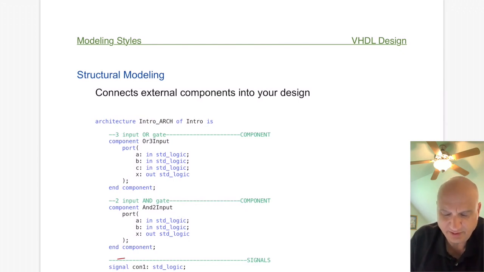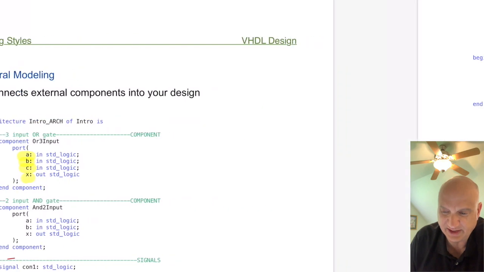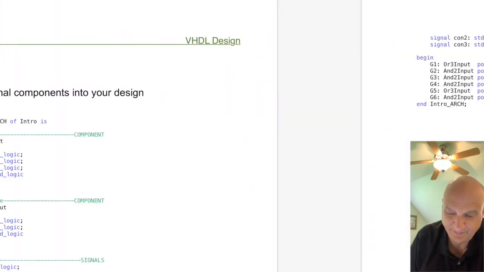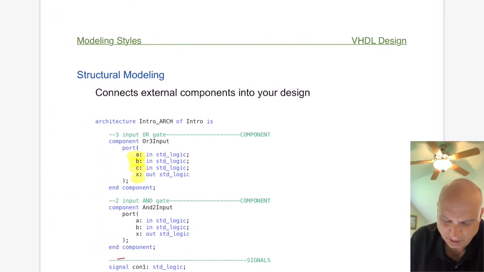We're declaring that we have an OR component with inputs A, B, and C and an output of X. These are all standard logic and they have the proper modes set, in and out. We need to instantiate that component, or create that component, as part of our design.